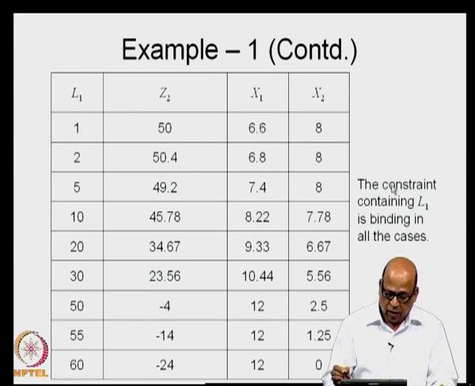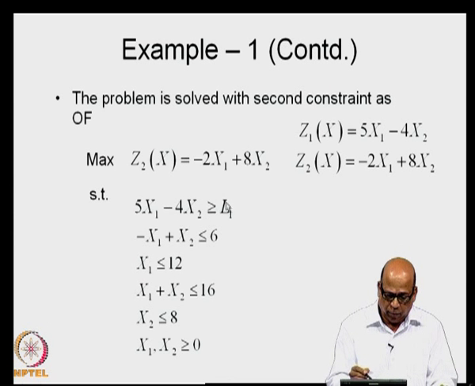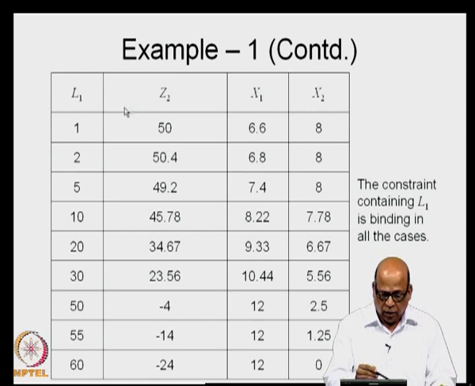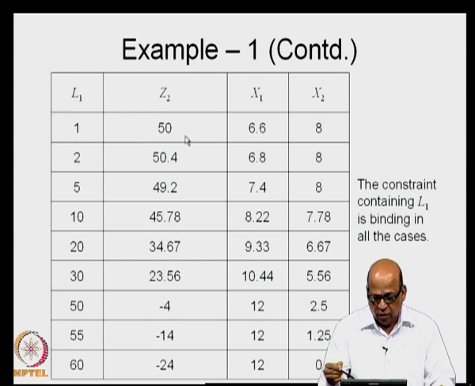Now, again for all these solutions, the constraint containing objective function number 1 was binding, and therefore Z1 is equal to 1, Z2 is equal to 2, Z2 is equal to 5, etc. So, this is how you generate another set of non-inferior solutions.